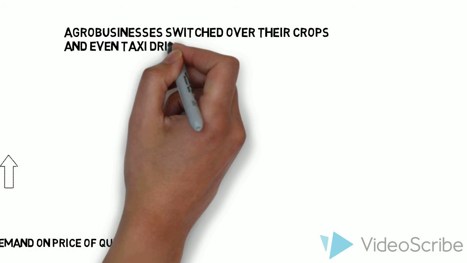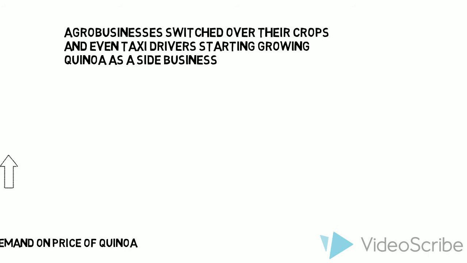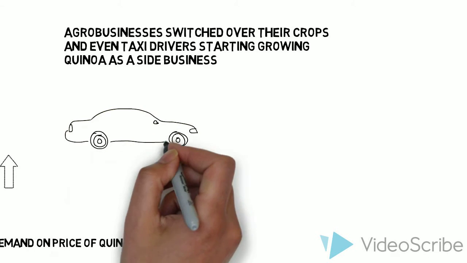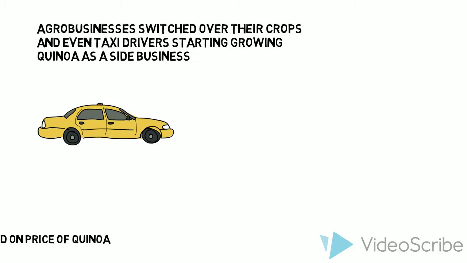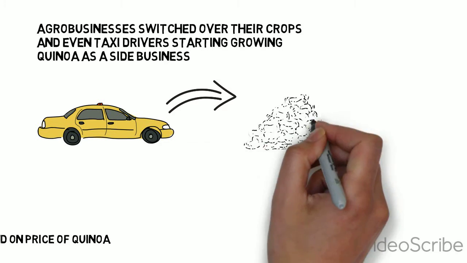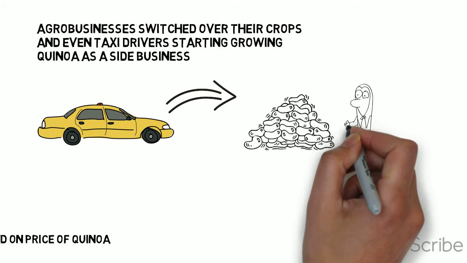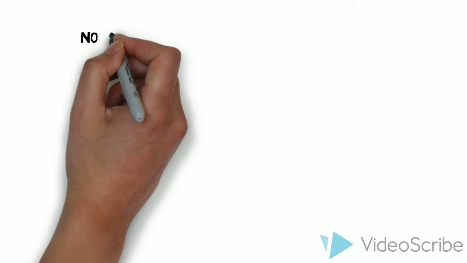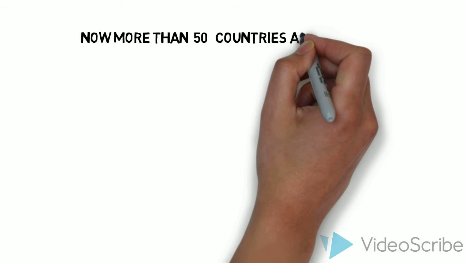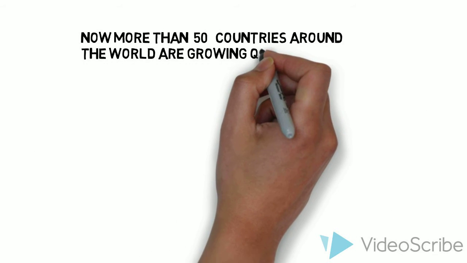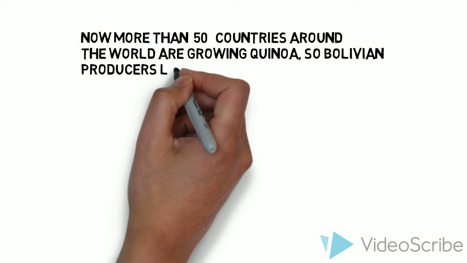Agro-businesses switched over their crops. Even taxi drivers started growing quinoa as a side business. Now, more than 50 countries around the world are growing it, so Bolivian producers lost their price setting power.